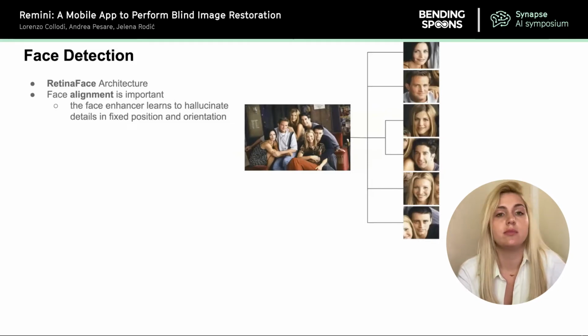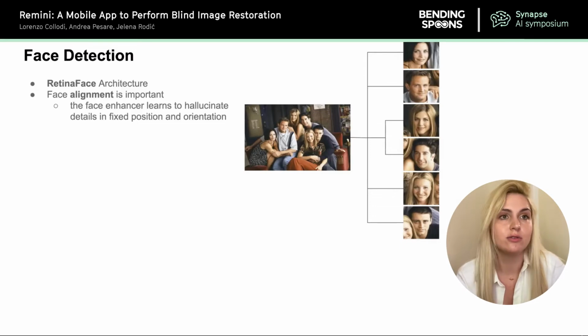First we will talk about the face detector. As I said, the job of this model is to detect and crop the faces from the original image. It also needs to do the alignment of faces, which means to center the crop around the tip of the nose and, if necessary, to rotate the faces in the right way so that they are standing vertically, because it is important for the face enhancer, because it learns how to hallucinate details in relatively fixed positions.